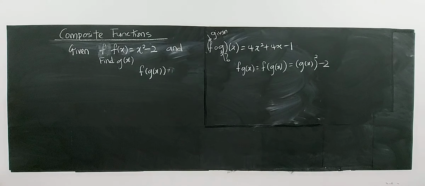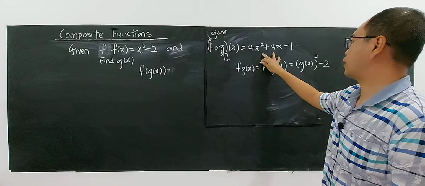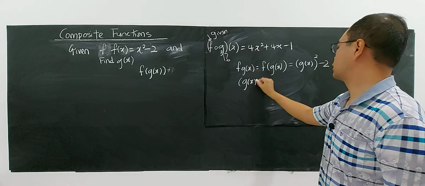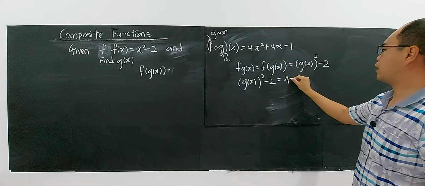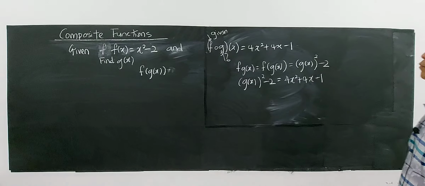And f(g(x)) is also the same as 4x squared plus 4x minus 1. So you have g(x) squared minus 2 equals 4x squared plus 4x minus 1.